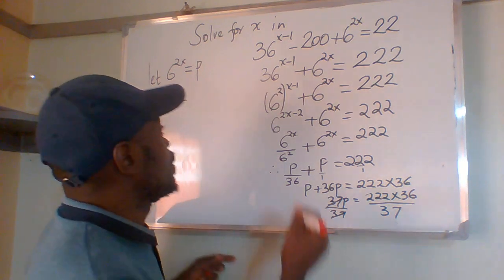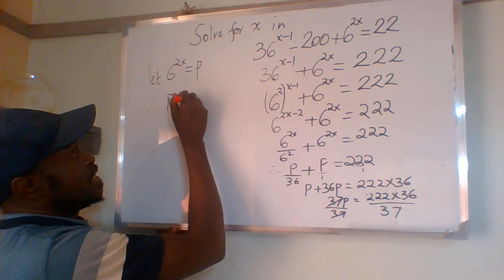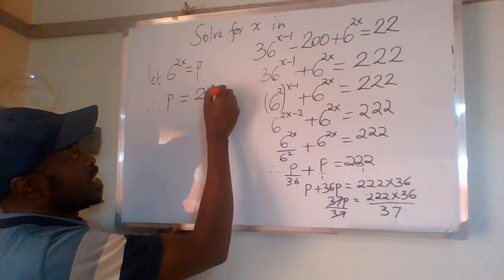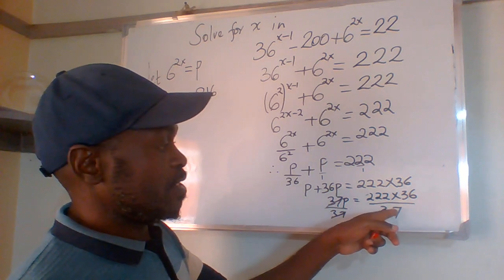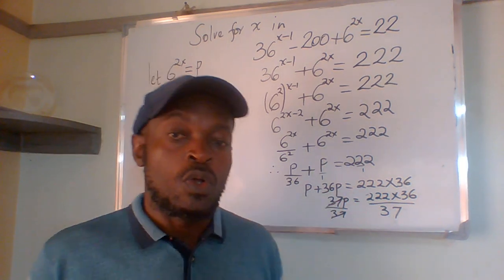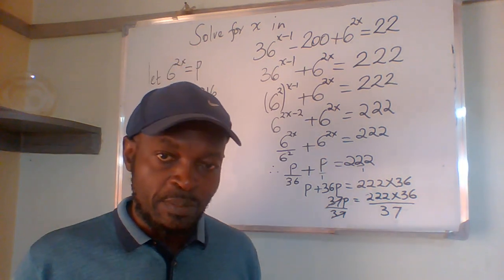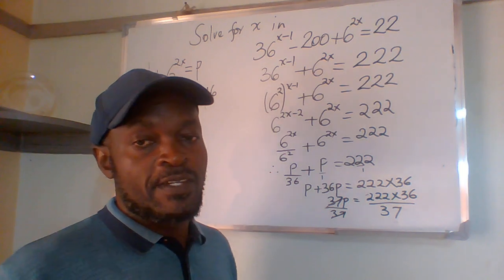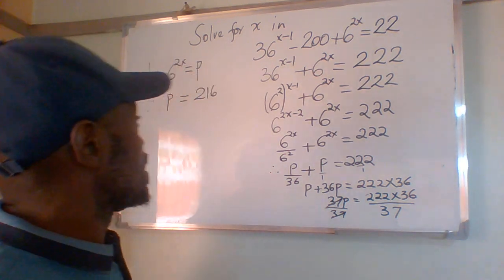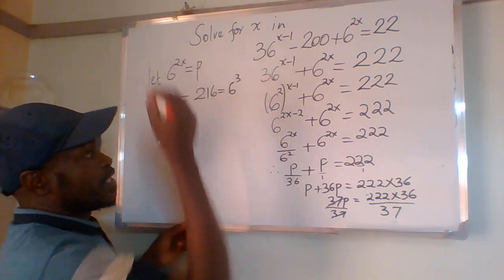Divided by 37, you'll find that p is actually 216. Because 37 goes into 222 6 times, and then 6 times 36 will give us 216, which is actually 6 power 3.